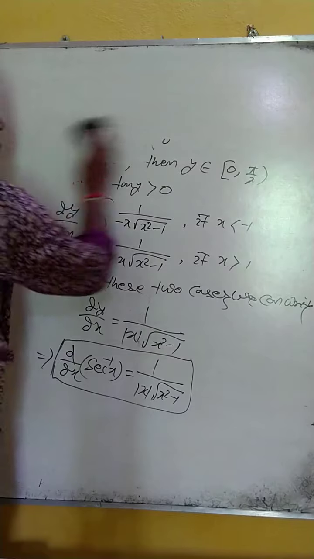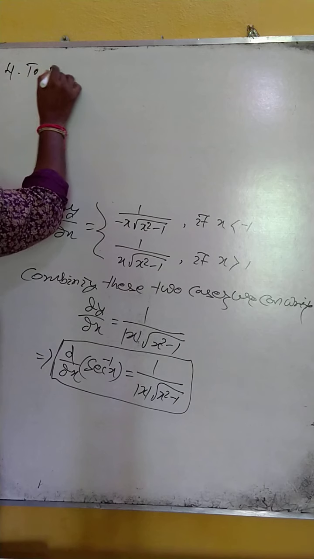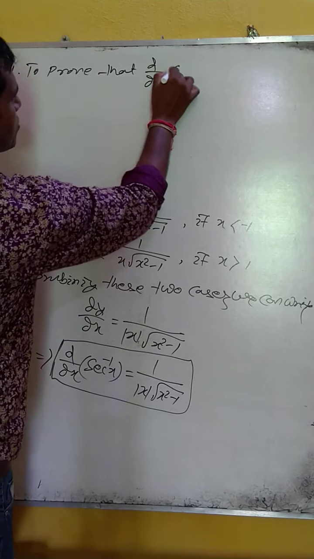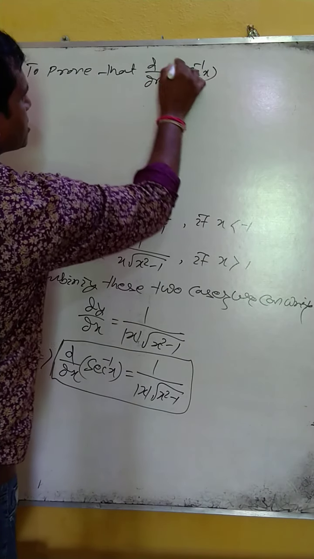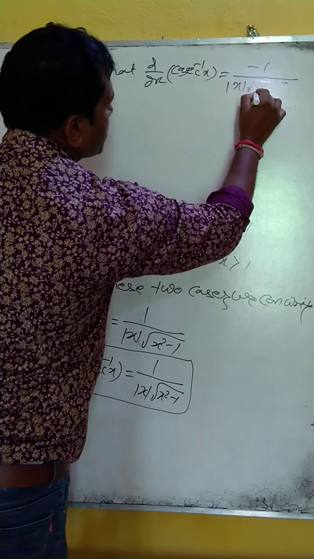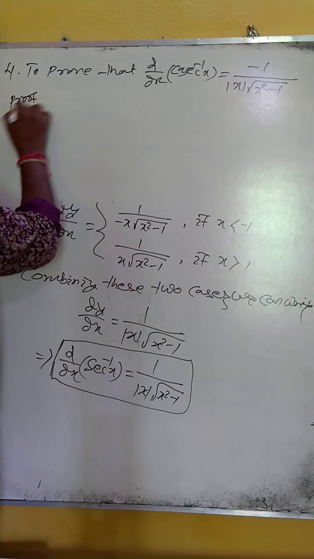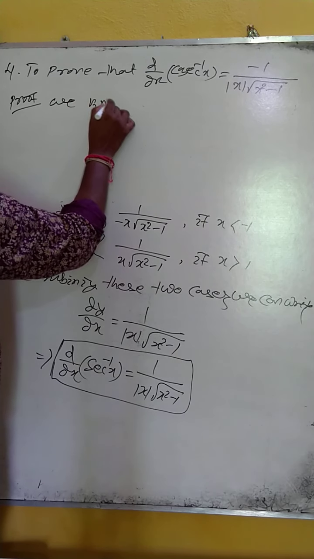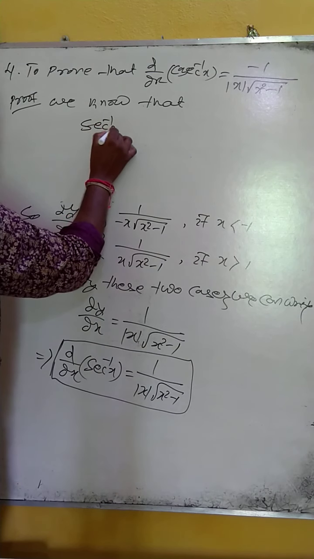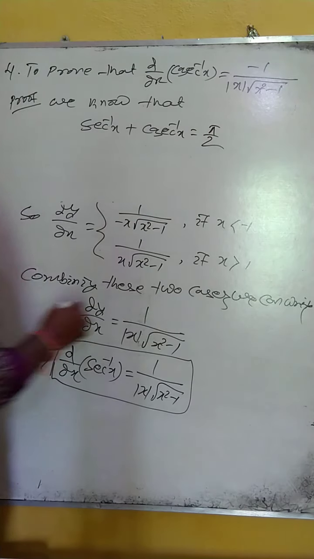Next, we prove the derivative of cosec inverse x. To prove that d by dx of cosec inverse x is equal to minus 1 by mod x root over of x square minus 1. We know from inverse trigonometry sec inverse x plus cosec inverse x is equal to pi by 2.